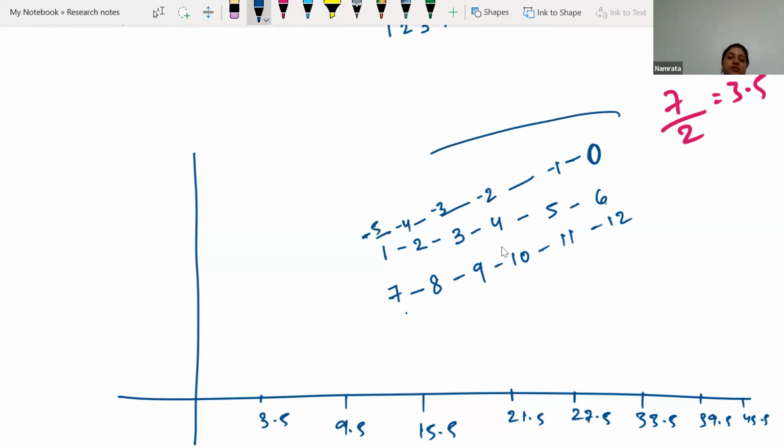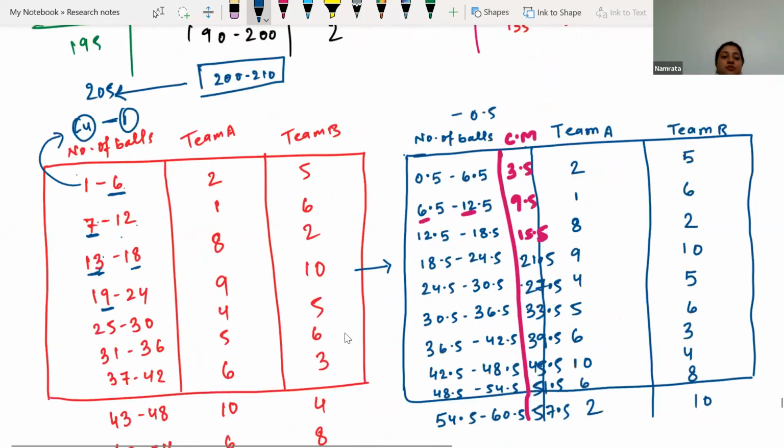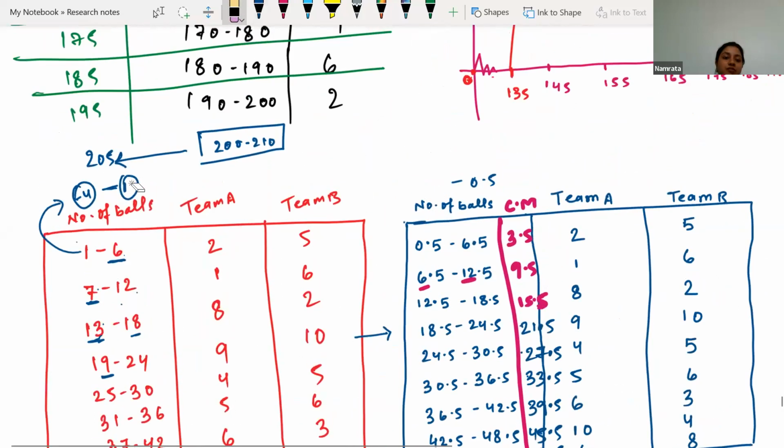So the first interval in the raw table would have been -5 to 0, then 1 to 6, then 7 to 12, the way it was given. So -5 to 0 we need to take over here.